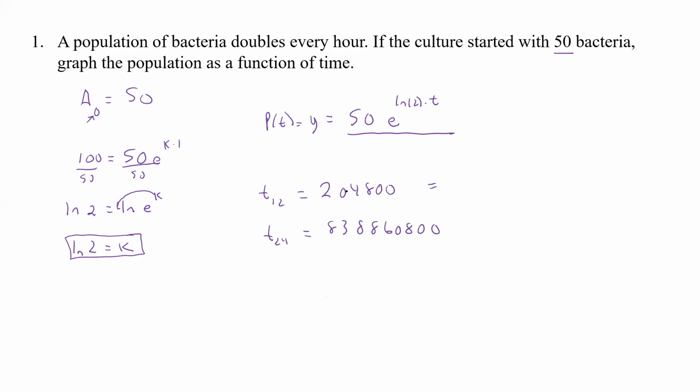If we convert this to scientific notation, that's going to be 2.0, and maybe we can go out to 5, it doesn't matter how far we go out, times 10 to the 1, 2, 3, 4, 5. And this one's going to be 8.39 times 10 to the 1, 2, 3, 4, 5, 8. So here we have something on the order of magnitude of 10 to the 5th. Here we have something on the order of magnitude of 10 to the 8th.